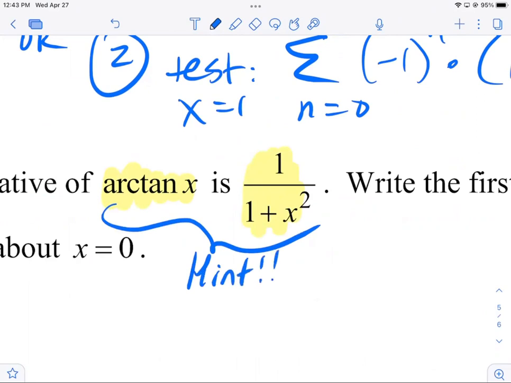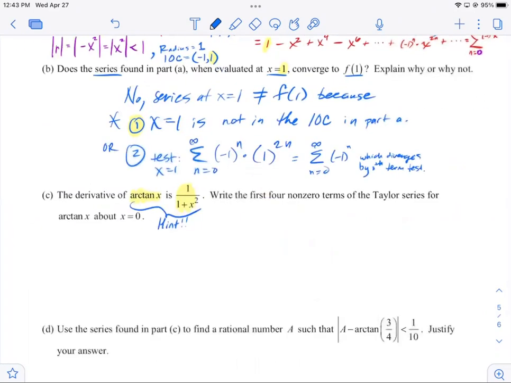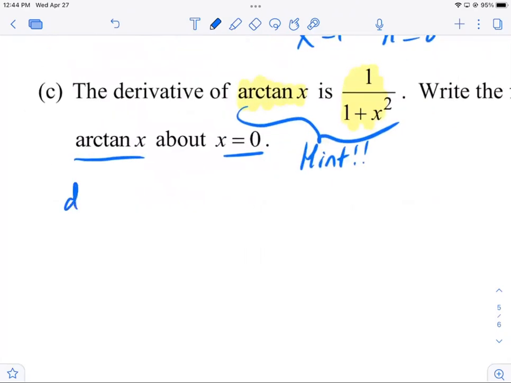That's your hint. Write the first 4 non-zero terms of the Taylor series for arctangent centered at 0. Oh, okay. So I want arctangent, but arctangent's derivative is 1 over 1 plus x squared. The derivative with respect to x of arctangent of x is 1 over 1 plus x squared.